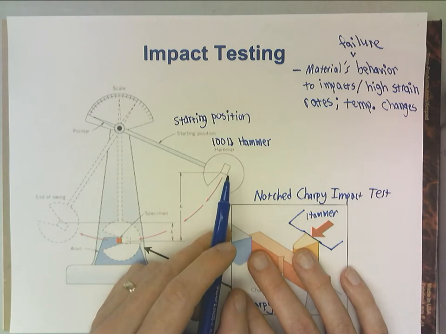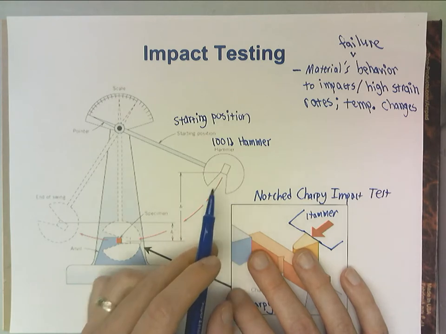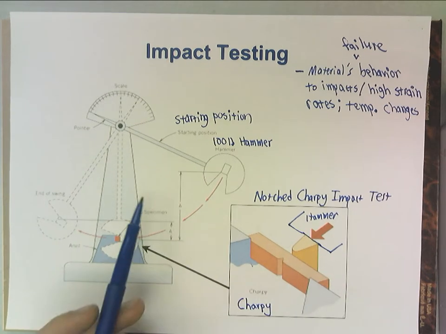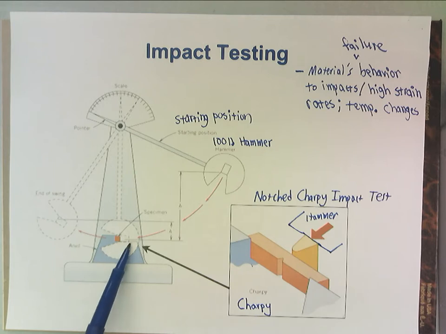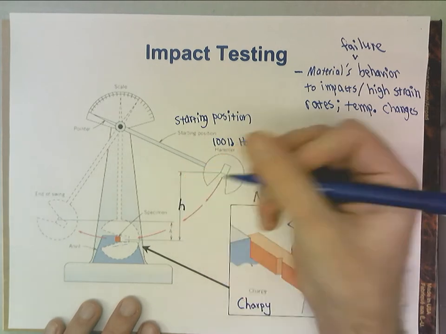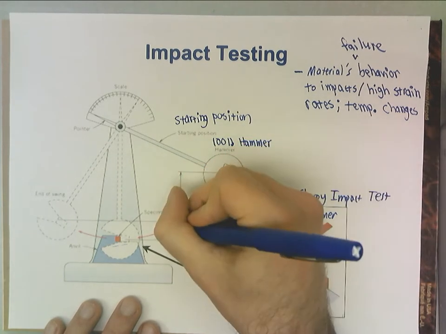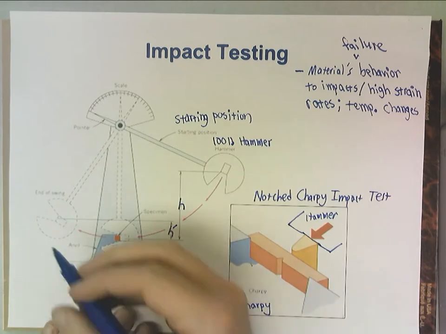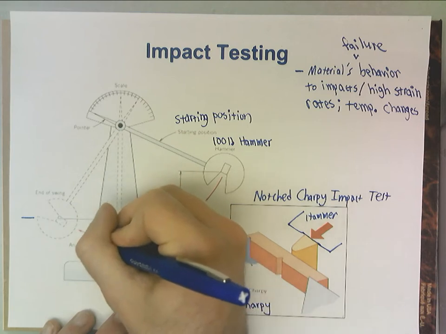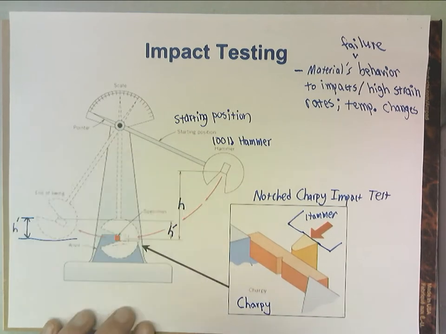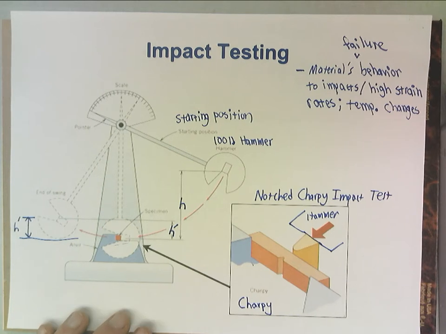It is allowed to free fall through an arc, strikes our sample, breaks our sample, and what we're really measuring is this height afterwards. So there is a height H, which is our starting height, and then they've got this labeled here as H prime, which is our height right there. Okay, so the after height.